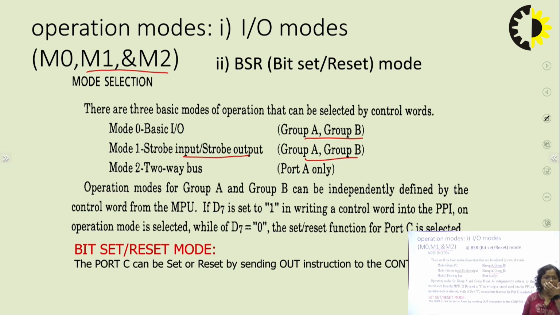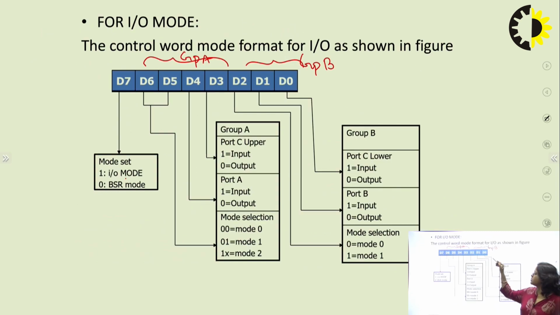And mode 2 is used for bidirectional data transfer, that is 2-way data transfer using port A only. So the operation modes for group A and group B can be independently defined with the help of a control word, the format for which is defined in this slide.